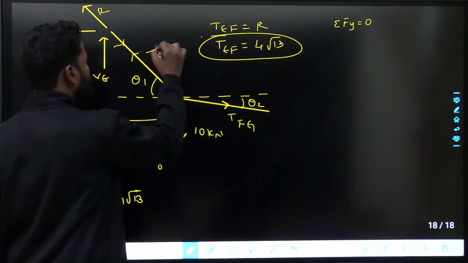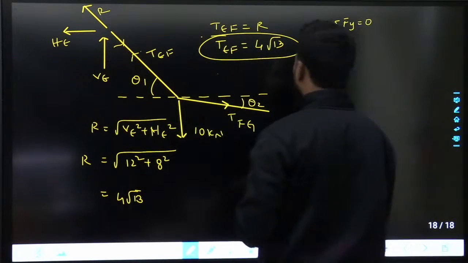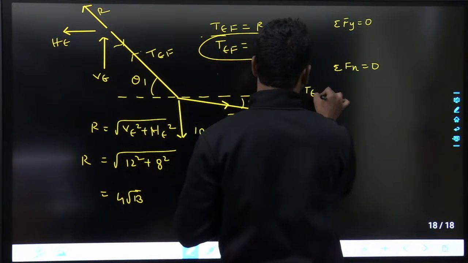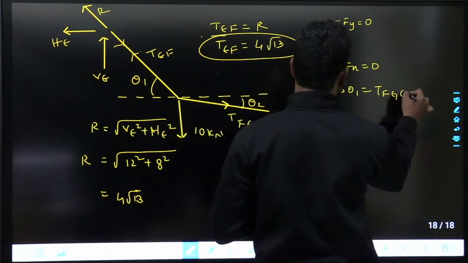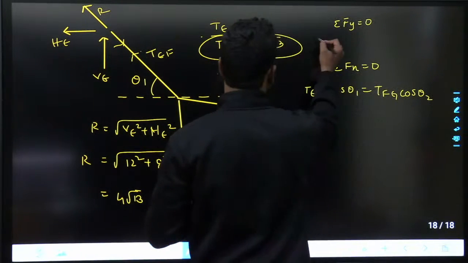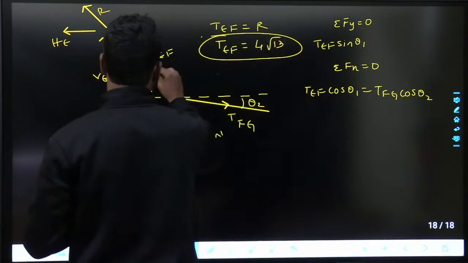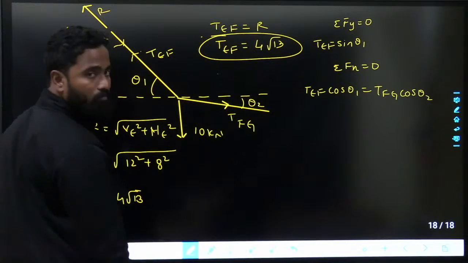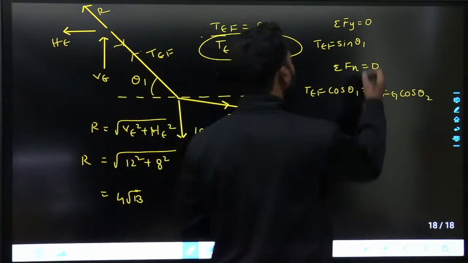So TEF cos theta 1 equals TFG cos theta 2, that is, if I take sigma fx equals 0. If I take sigma fy equals 0, TEF sin theta 1 will be like this, and then TFG sin theta 2 will be downwards. So minus TFG sin theta 2, and 10 is also downwards.